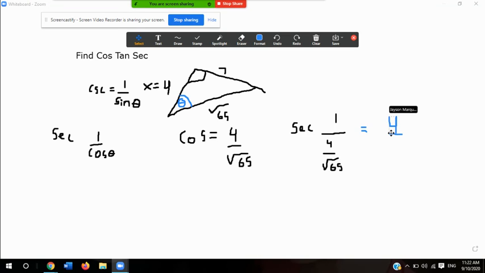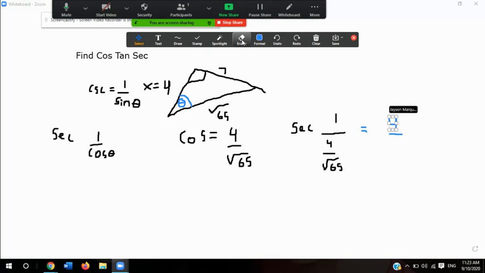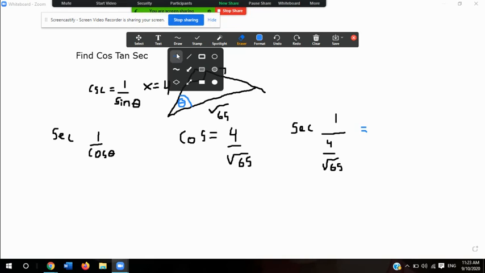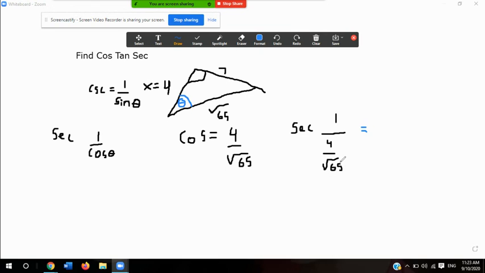Whenever I'm going to work with a complex fraction, I'm going to invert the fraction. So instead of writing 4 over the square root of 65, that would actually be the square root of 65 over 4.